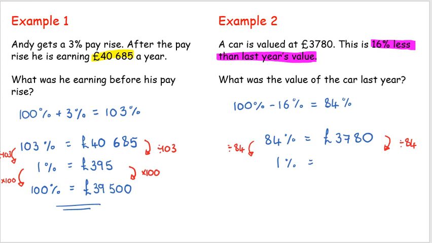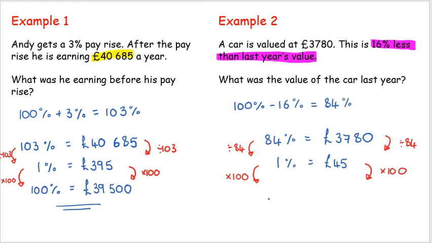And on the calculator, on the right hand side, you can just put this in. So 3,780 divided by 84 leaves us with 45. So a nice number there. Okay, that's our 1%. Again, trying to work out this 100%, we now need to multiply it back up by 100 to get our original 100%.